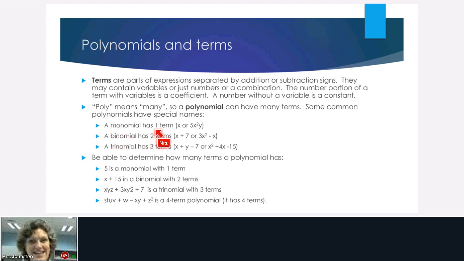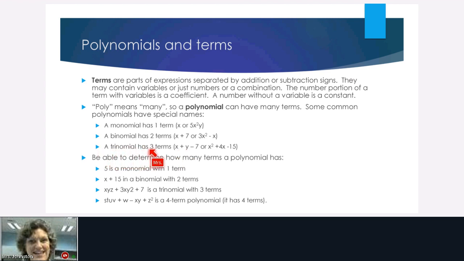A monomial has one term because mono means one. So x or 5x squared y are both monomials. Notice that 5x squared y has a lot of different factors, but they're not different terms because there are no plus or minus signs. A binomial, on the other hand, has two terms, so there has to be a plus or a minus sign separating the two terms.